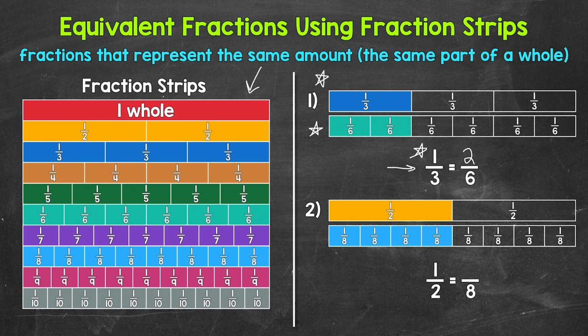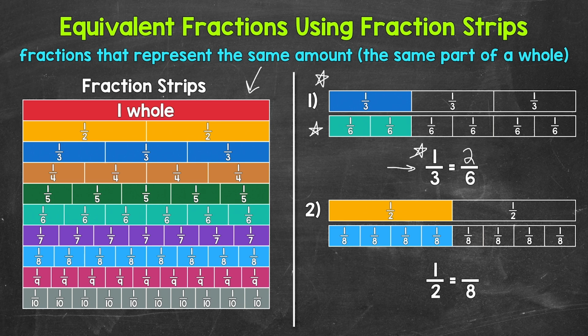Now, notice, and this is really important, each fraction strip is representing the same amount of the whole rectangle, the same part of that whole rectangle. Both have the same amount shaded in, even though we have different fractions here, 1/3 and 2/6. These are equivalent fractions, and the fraction strips help us see that.